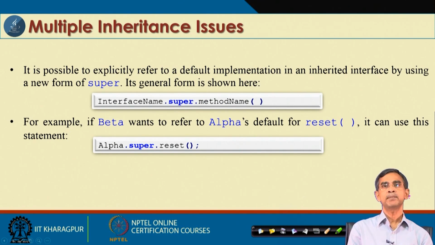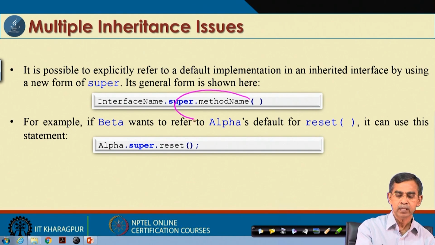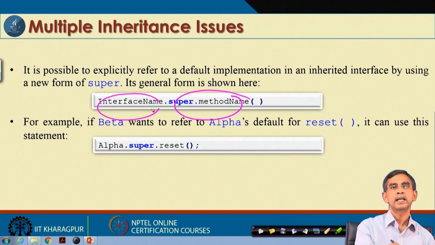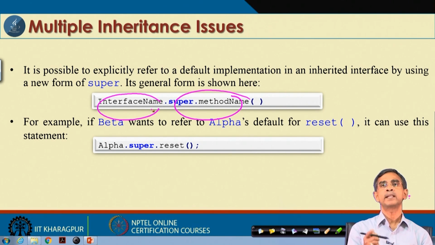Okay. If you want to specify some interface explicitly, then the super keyword can be used. For example, super with the interface name and method name can be used to resolve ambiguity if any.